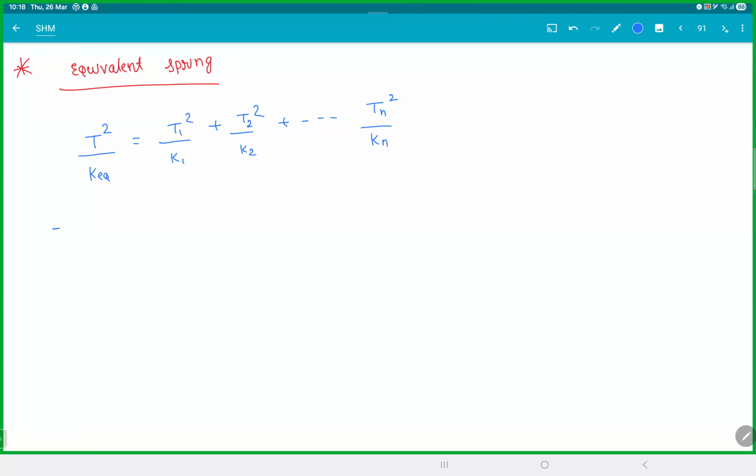Here, capital T is the total tension on the block. Tn is the tension on the nth spring. T1 is the tension in the first spring, T2 is the tension in the second spring, and so on.